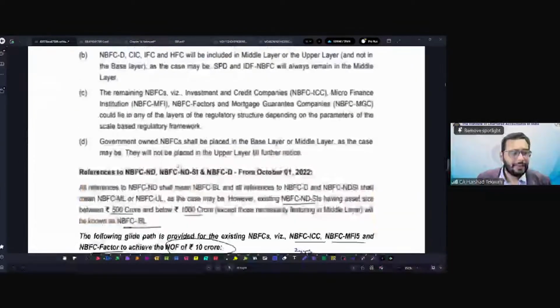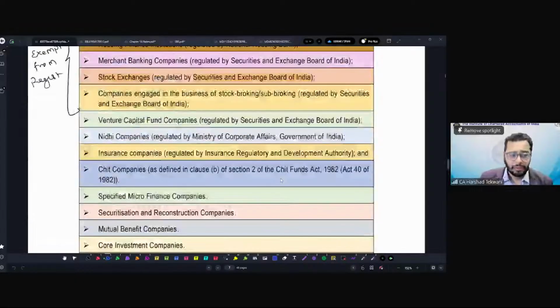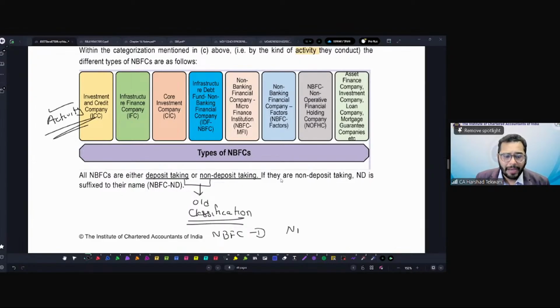Earlier, they were classified basically as either deposit accepting or non-deposit taking. These were the old classifications. One is deposit taking, which we used to call NBFC-D. Another was non-deposit taking, that was NBFC-ND.